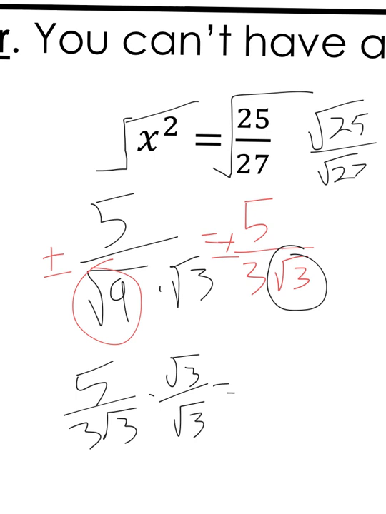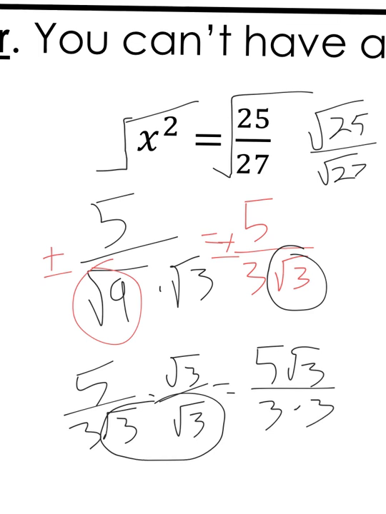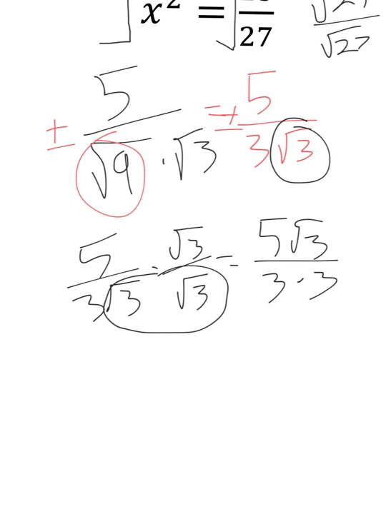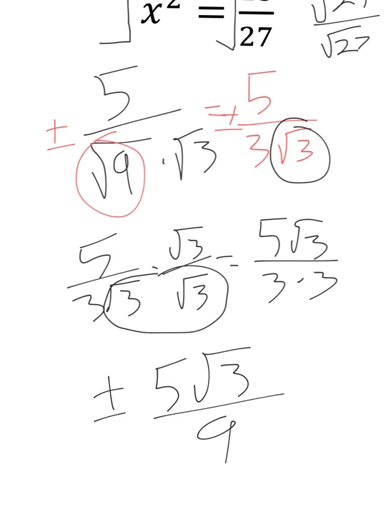So these two are going to make another 3. So this is 5 square root of 3 over 3, and then this is all multiplying, so it's 3 times 3. So what's 3 times 3? 3 times 3 is 9. So the final answer is plus or minus 5 square root of 3 over 9.